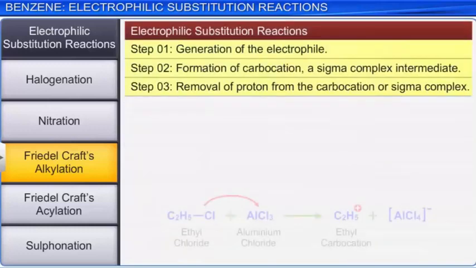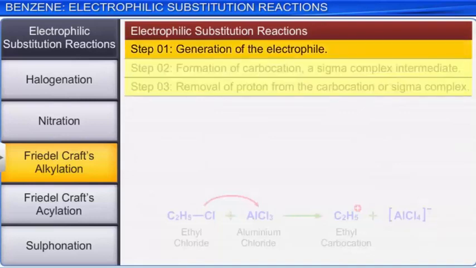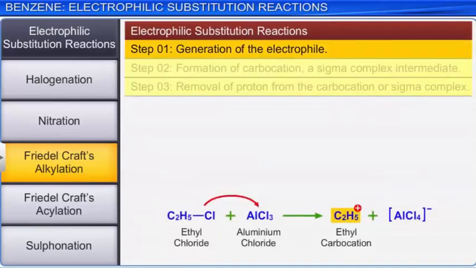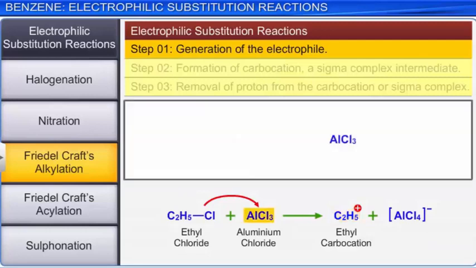First, an electrophile, which is a carbocation here, is generated when anhydrous aluminium chloride combines with the attacking reagent ethyl chloride, as shown here.